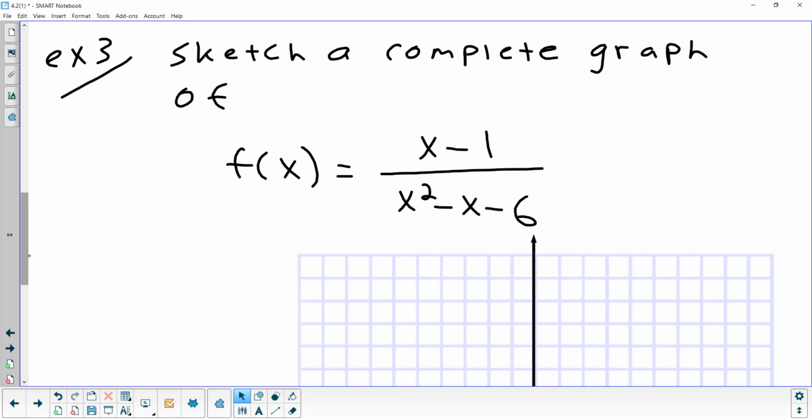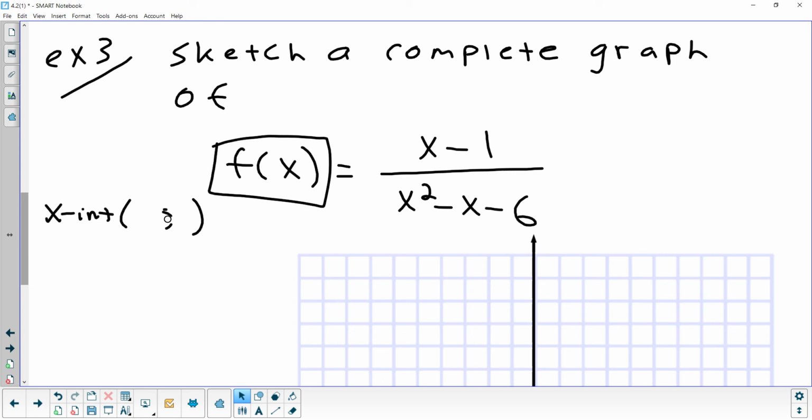All right. Let's start with the x-intercept. Can someone remind me again how you find the x-intercept? Yep. You let y equal 0. So that basically means put 0 here.